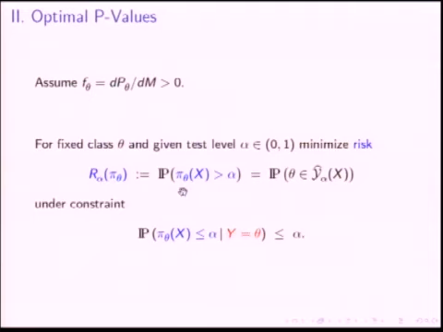In other words, it's the probability that theta is viewed as plausible. My aim is to have a prediction region as small as possible, so that's a natural measure of risk, depending on alpha. And of course, the constraint is that given that you are in the class theta, this probability should be at most alpha.